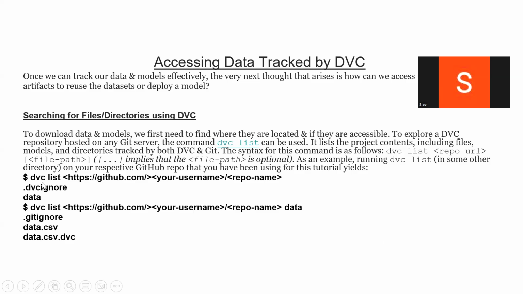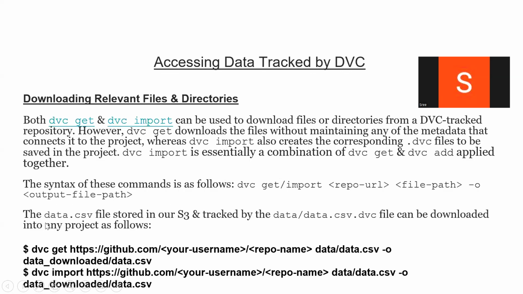But with DVC list only the repository name, I'll get the .dvcignore file and the data folder. When I say data, it will display what is available in this data folder, these two files. So that is how you need to list out the corresponding files available in my DVC repository.